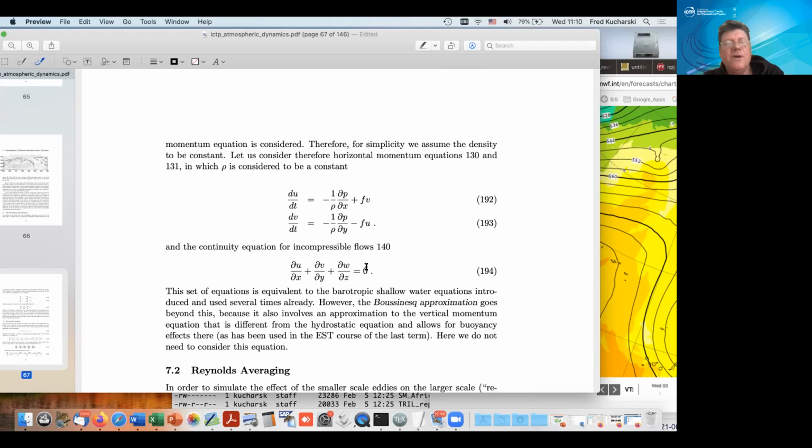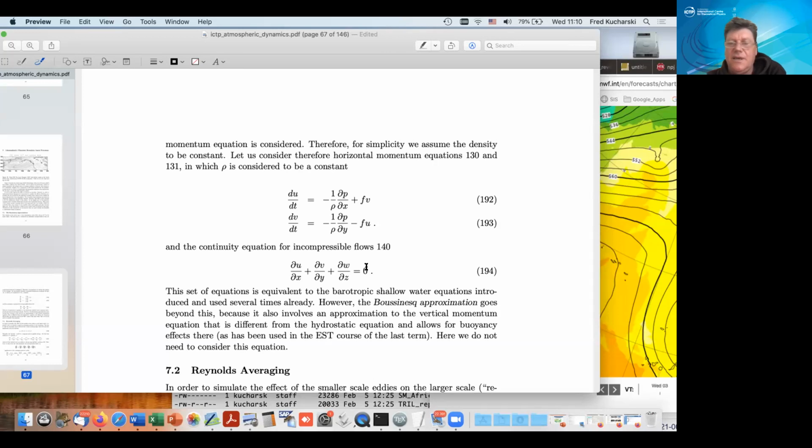We don't need to consider this here. It's not relevant for the processes we want to consider, but generally that is part of the Boussinesq approximation, this first order approximation in the vertical momentum equation in which buoyancy terms come into play.